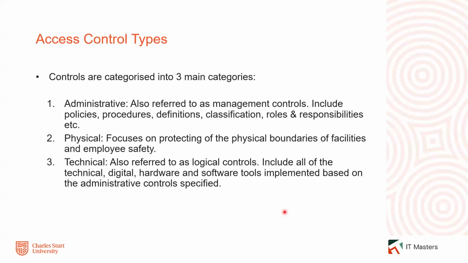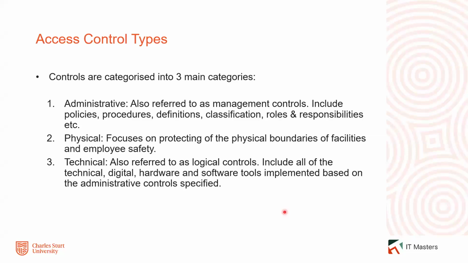We also categorize our access control in three main ways. Administrative, which we can also refer to as management controls. These include the things that we've been working towards in terms of our identification, our classification, our marking, our value evaluation, those sorts of things.